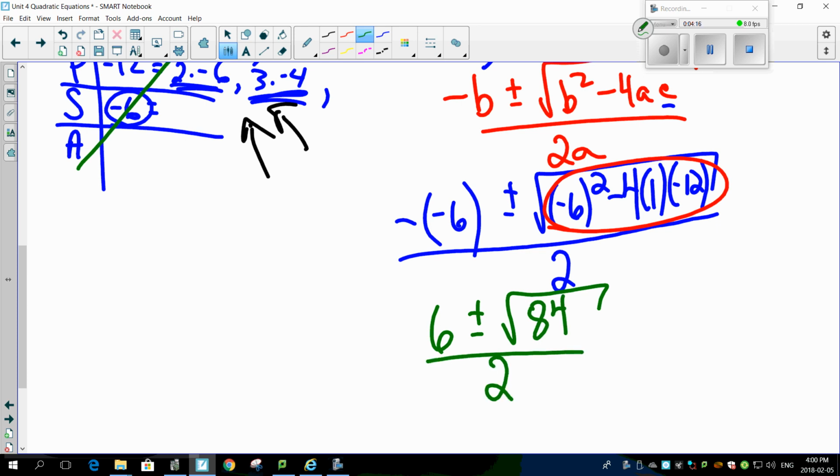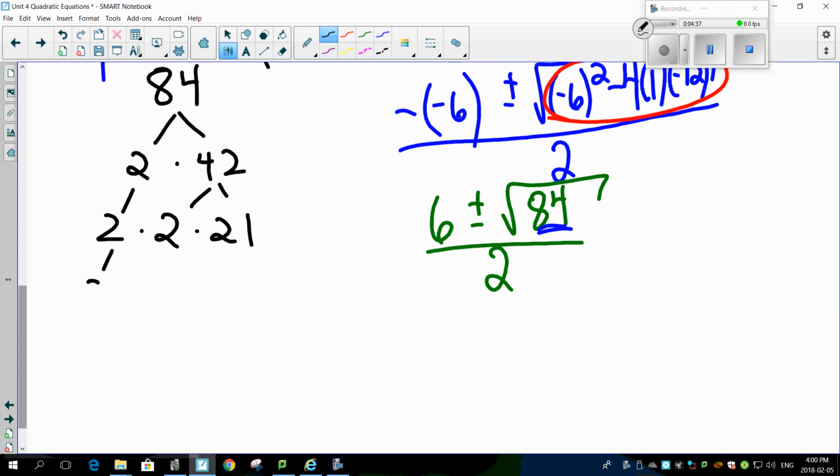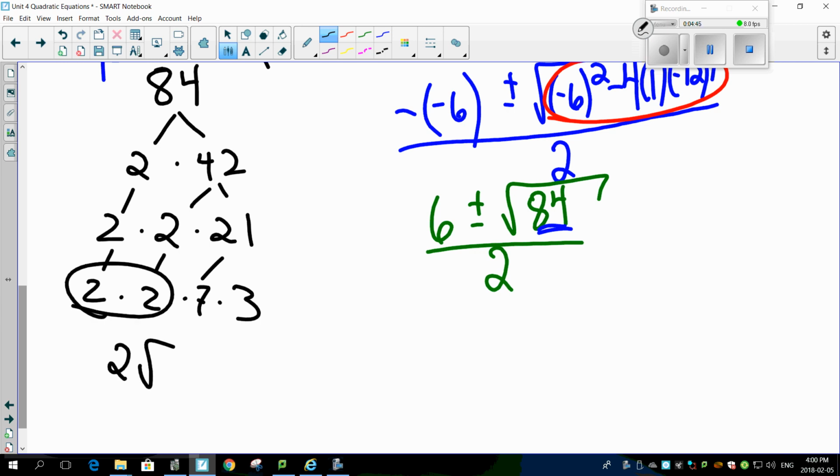Now, hold on a second. We can clean this up a little bit more. That 84 has to be able to be broken down. So let's break it down using our factor tree. Remember, 2 times 42. You can do it again, right? 2 times 21. Oh, that's nice because look what happens now. This gives you 2, that gives you 2, that gives you 7, that gives you 3. There's your pair, meaning that this is 2 square root 21. That's it.